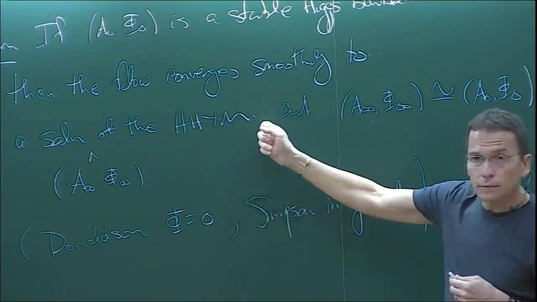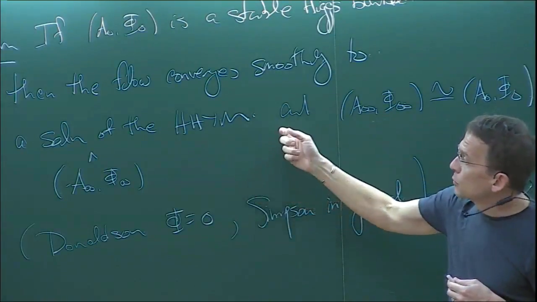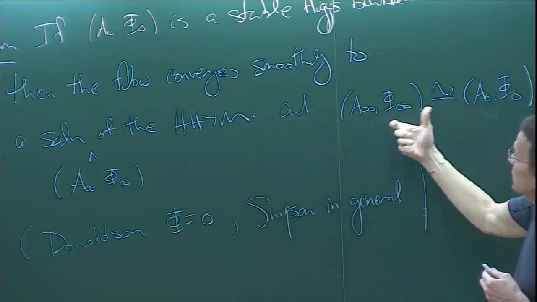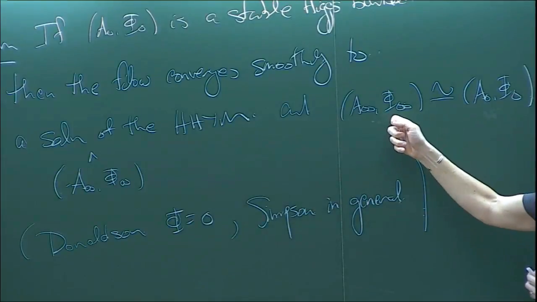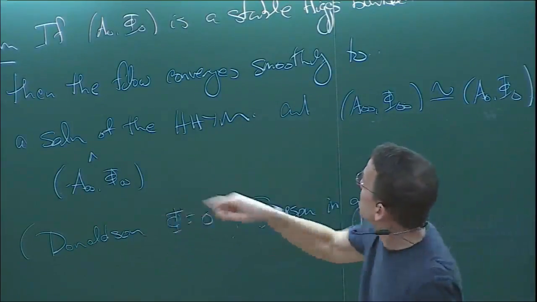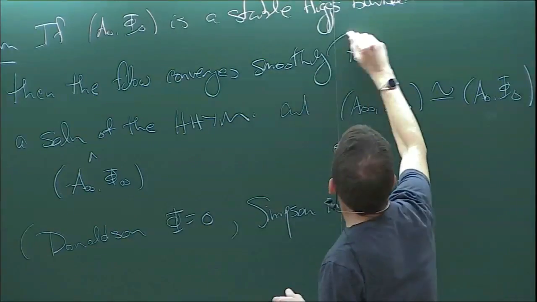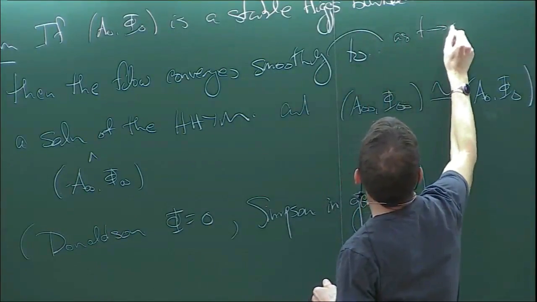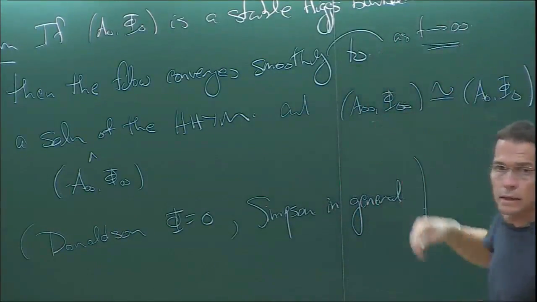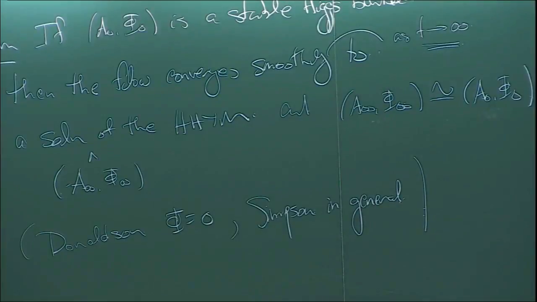So Donaldson used the heat flow, but then to prove this last little step, the convergence of the flow smoothly as t goes to infinity, he needed to make an assumption of projectivity of the manifold.